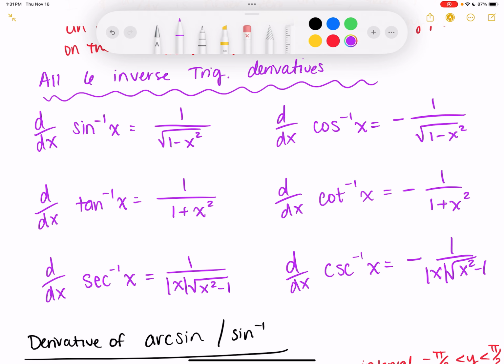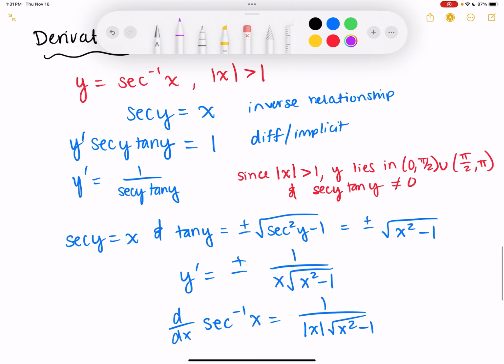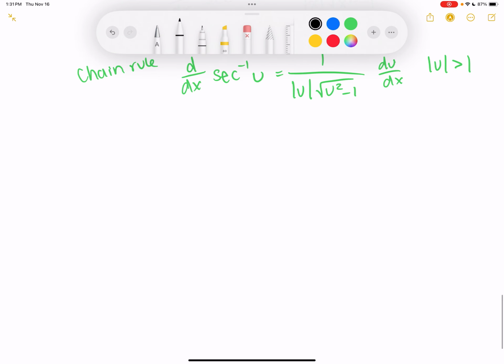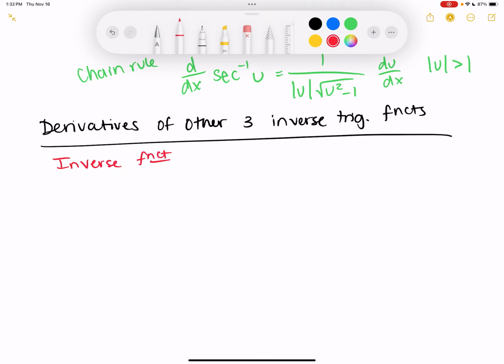All right, and then the last thing, the derivatives of the other three inverse trig functions. So again, another way that you could do them aside from what we just did is to use the inverse function and inverse cofunction identities.